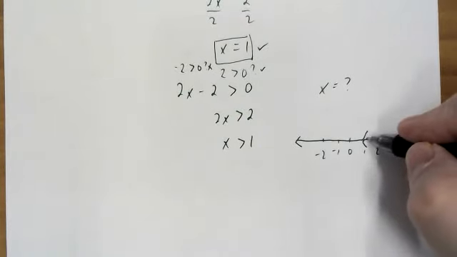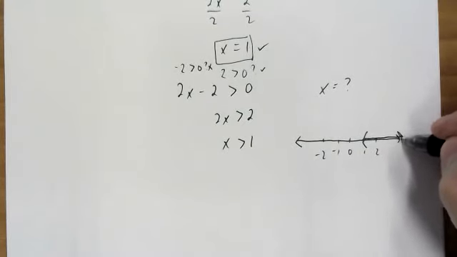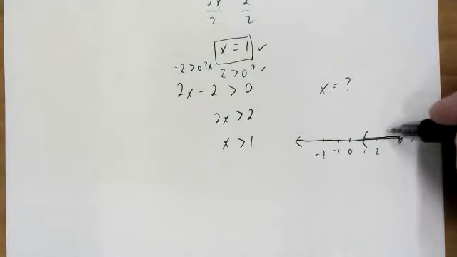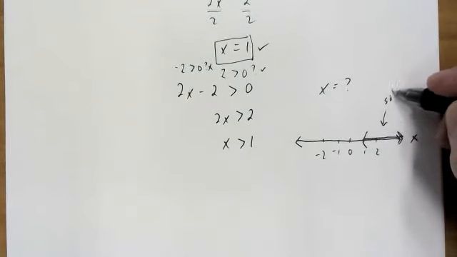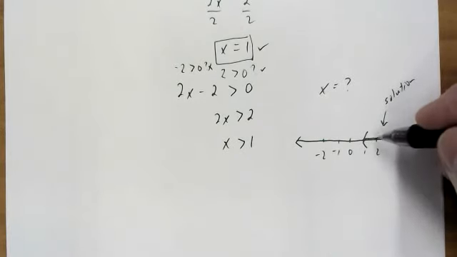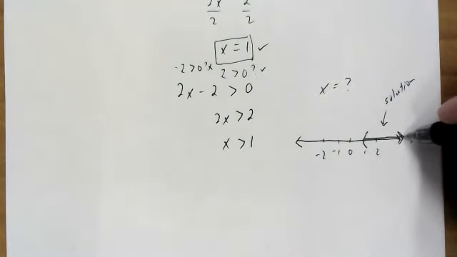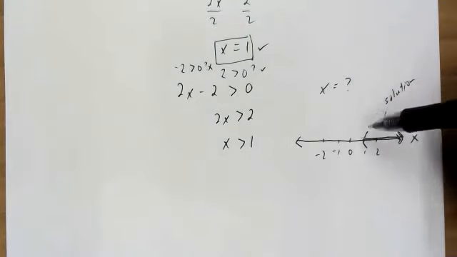And then what I like to do is draw a second line or another arrow and do this. This in here is the solution. In other words, any value of x I choose over here should make this original inequality true.